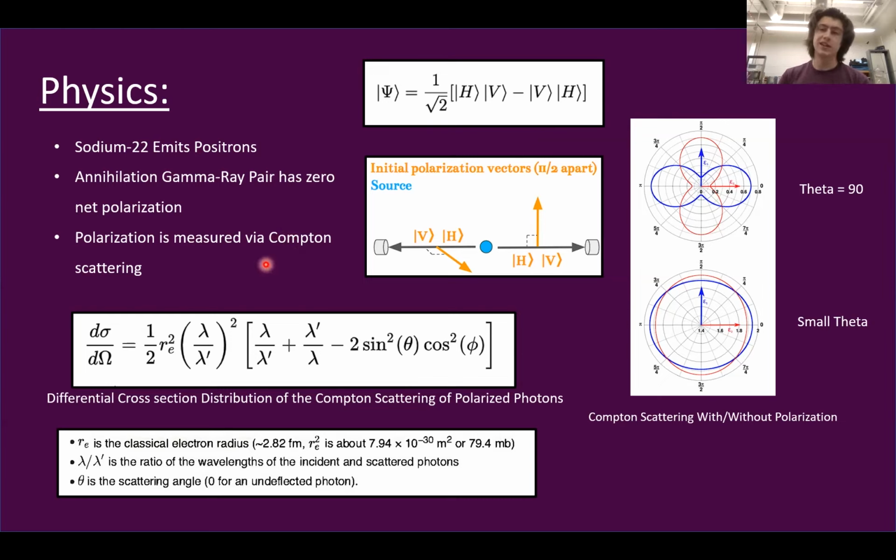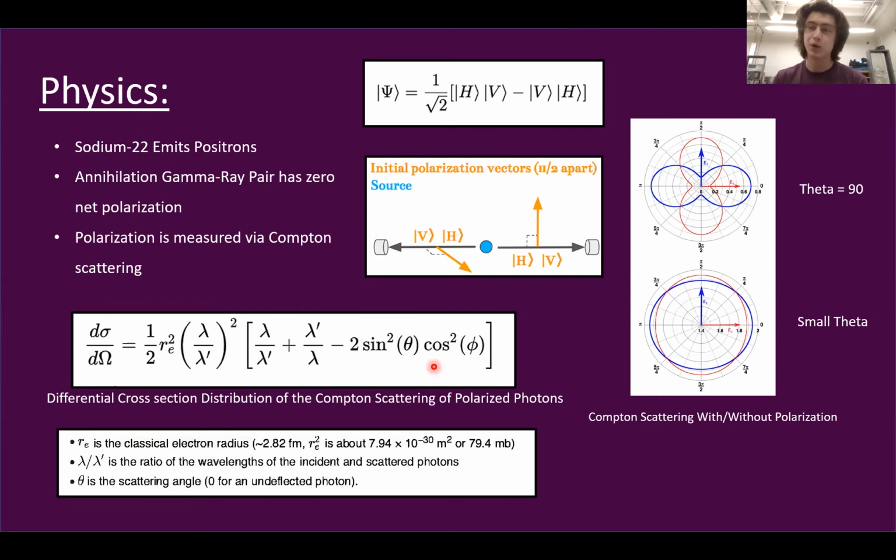So we rely on the polarization dependence of Compton scattering. This equation here is the Klein-Nishina differential cross section that describes that kind of scattering. But you see there are two angles, not just one, involved in this equation: theta and phi. Phi is the angle that we really care about.